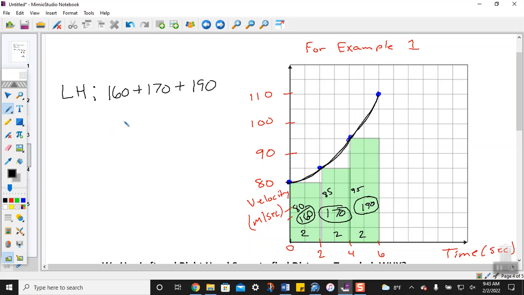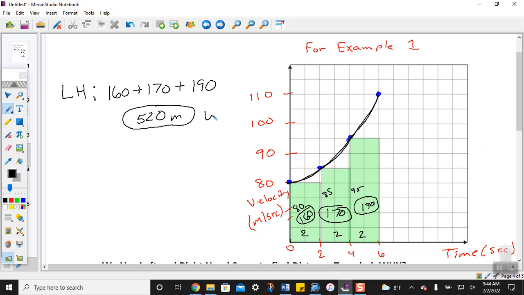What is that? 330 and 190, 520? What would the unit be on this? Okay, so a good left-hand distance would be 520 meters.